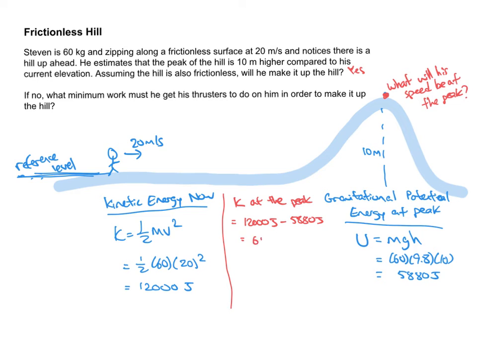So this will be 6,120 joules left for kinetic. And when I substitute that into K equals half mv squared and isolate for the speed, that would be 2 times K divided by m, and then square rooted.